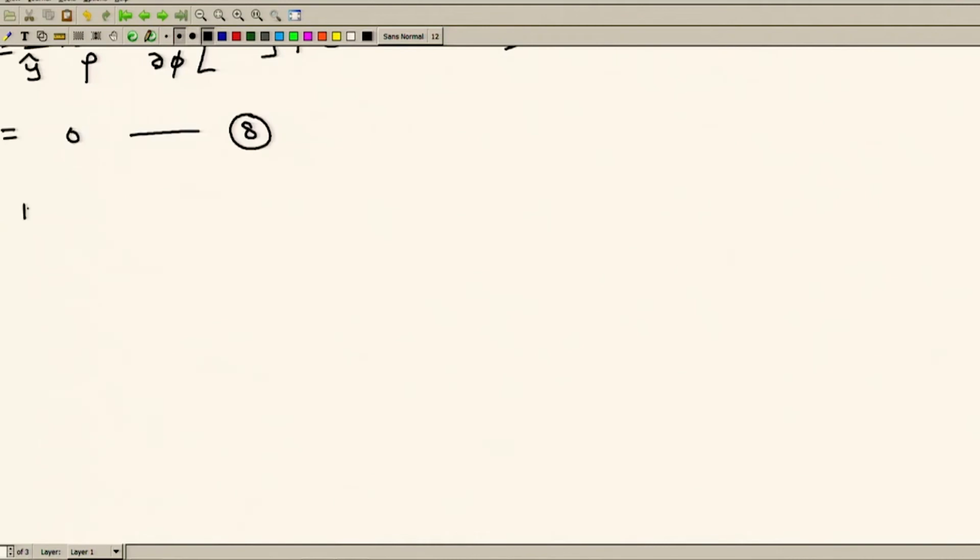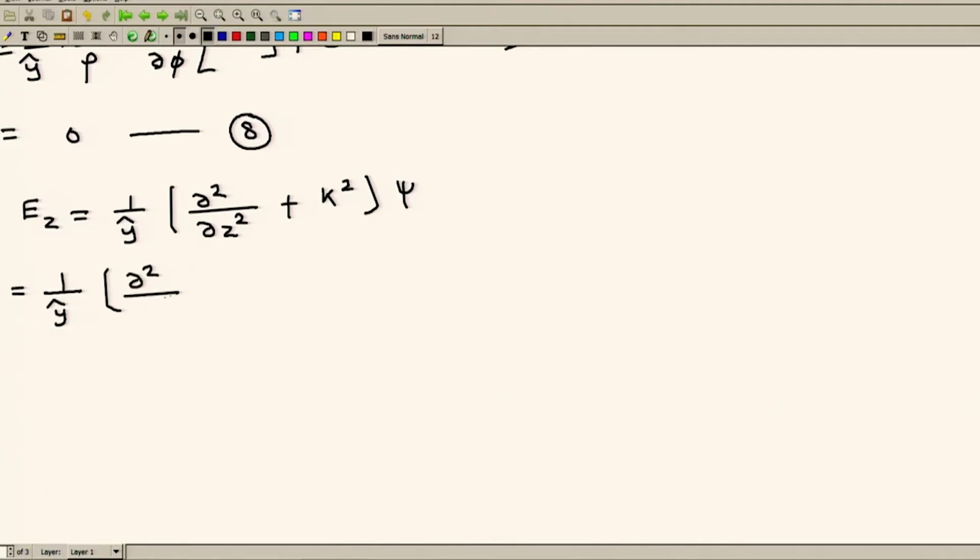Now, for E z. So, E z we can write as 1 upon y cap del square del z square plus k square psi. So, we can write it like this: 1 upon y cap del square del z square psi plus 1 upon y cap k square psi.